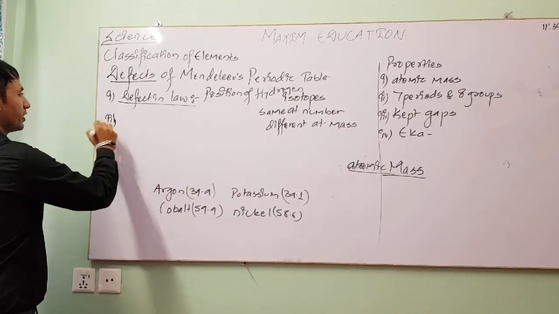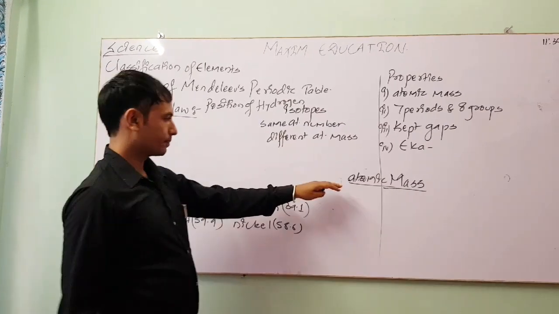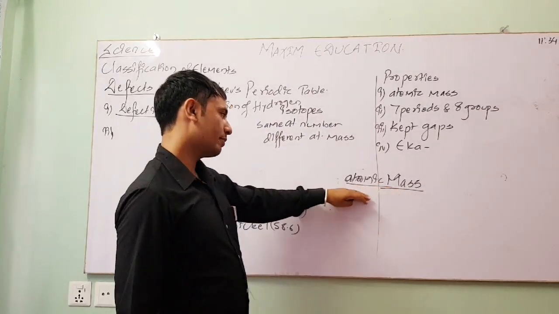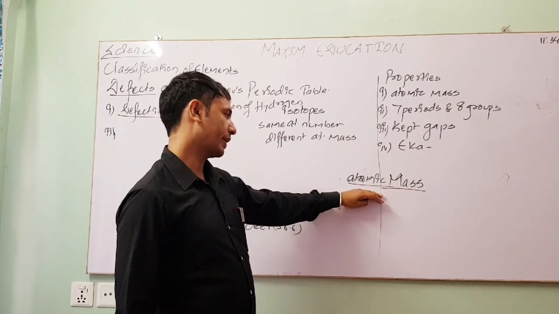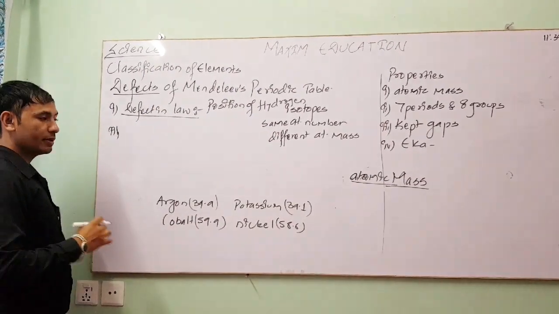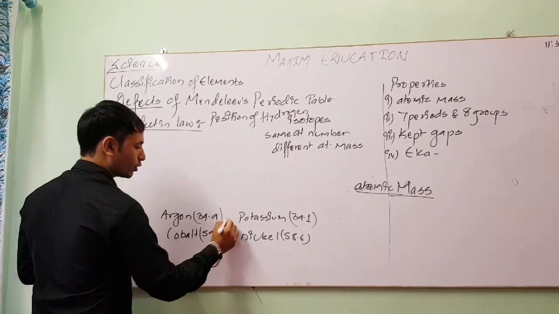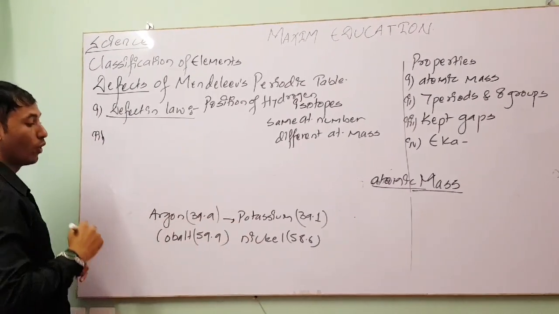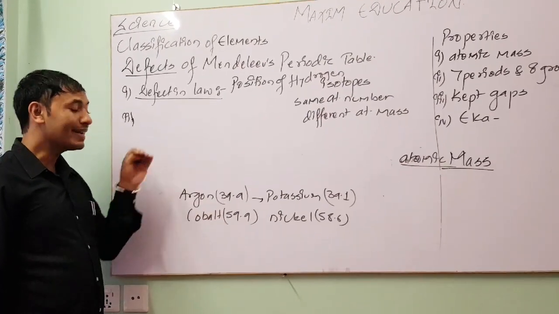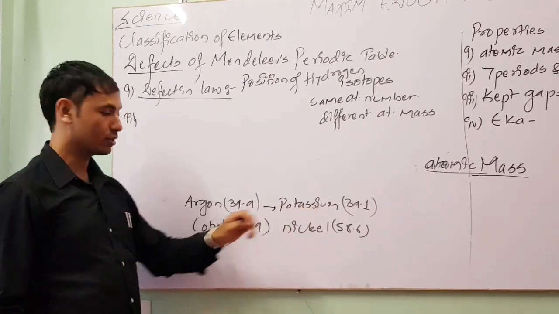Second, the defect of Mendeleev's periodic table. According to Mendeleev's periodic law, the elements should be arranged in increasing atomic mass. But Mendeleev has classified the elements having higher atomic mass earlier than the elements having lower atomic mass. Look here.